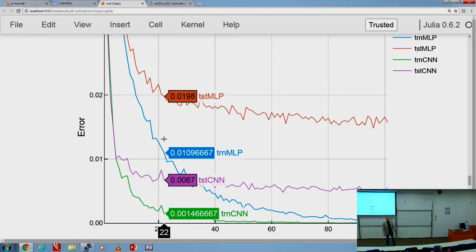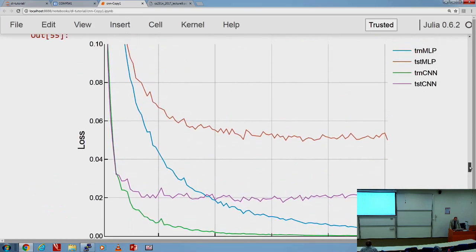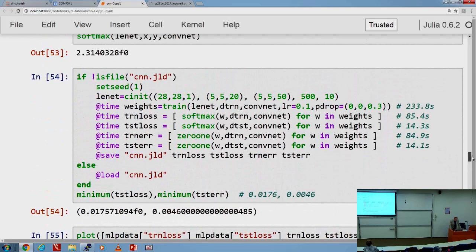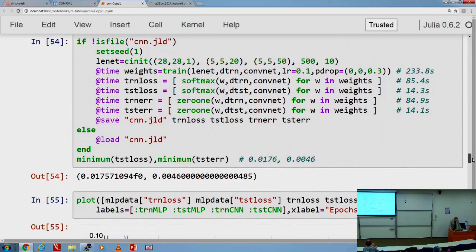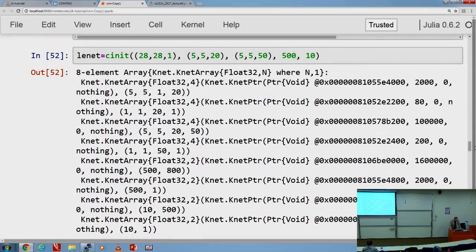Okay, so if there are no questions, let's start talking about architecture. So far, we've seen only one architecture, the LeNet architecture, and I defined it up here somewhere. Where is it? There. So this was the LeNet model from the 1990s.